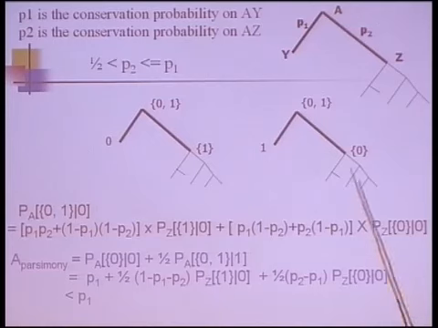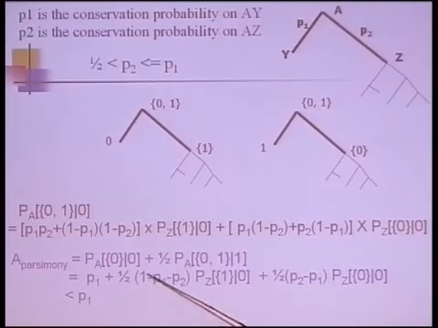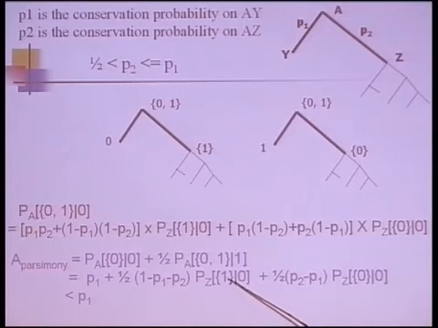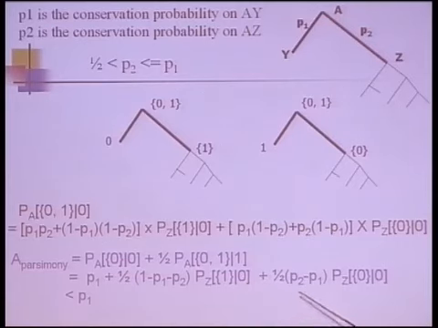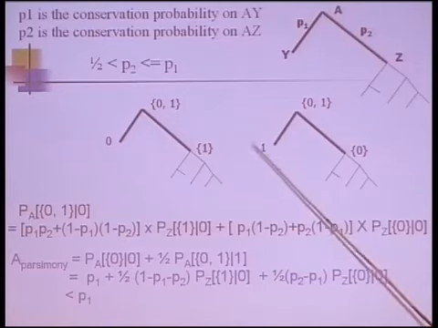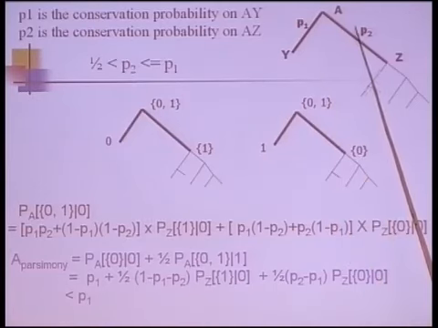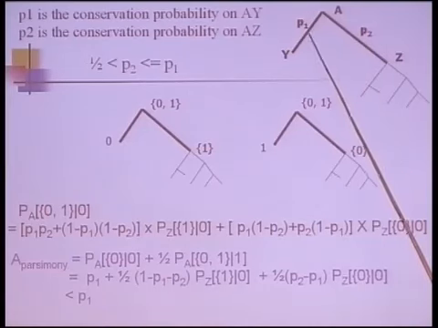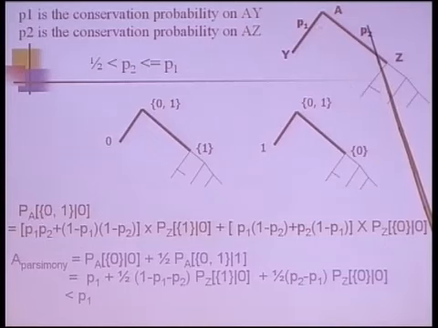It equals P1 plus half of (1 minus P1 minus P2) times the probability the method gives the wrong answer, plus half of (P2 minus P1) times the probability the Fitch method gives the true state in this internal node Z. Therefore, if we assume this lineage is shorter than this one, then the conservation probability P1 is bigger than or equal to P2.